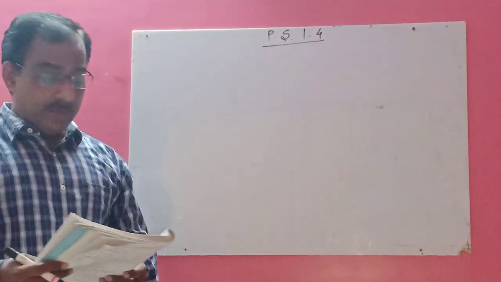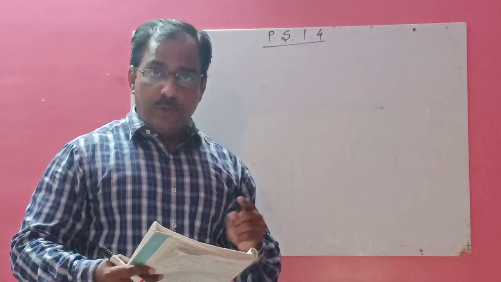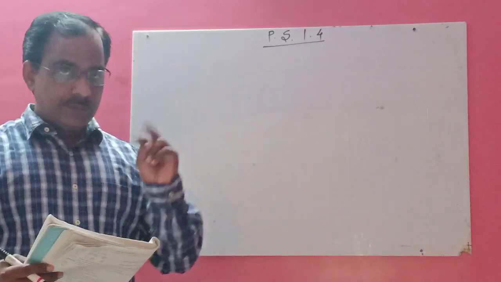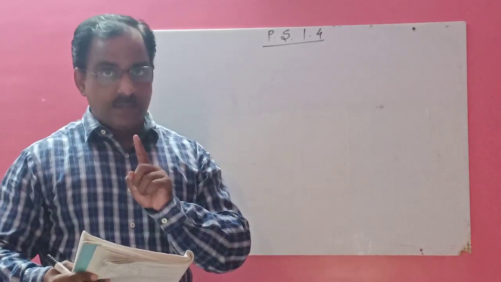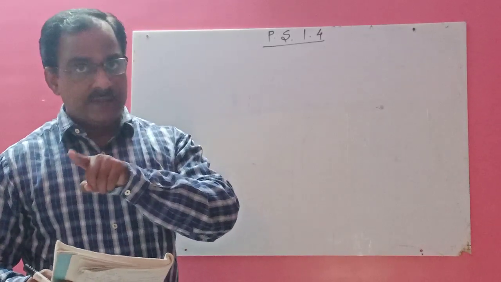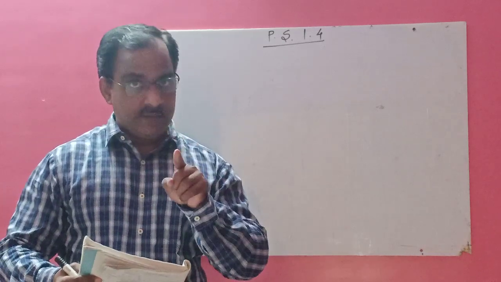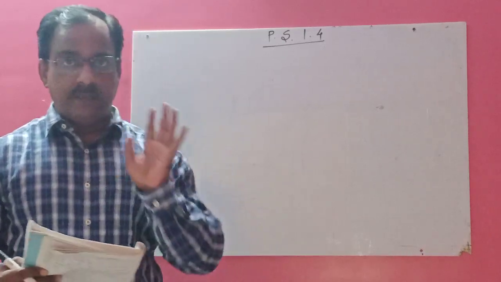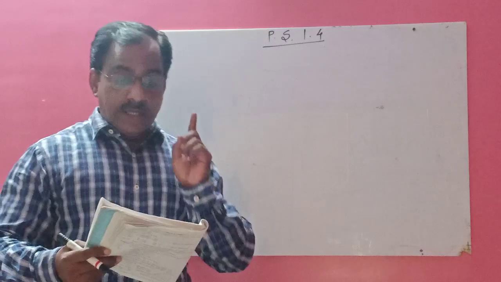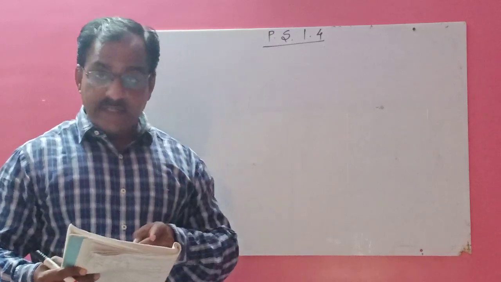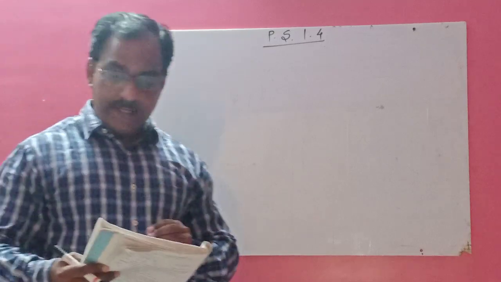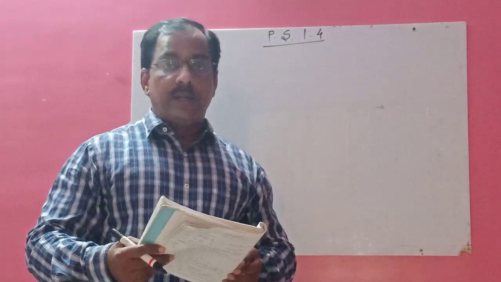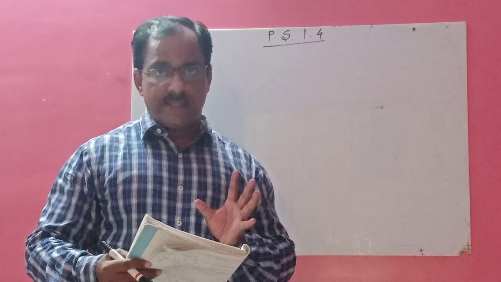Your first question, a 2 marks question: the ratio of corresponding sides of similar triangles is 3:5, then find the ratio of their areas.